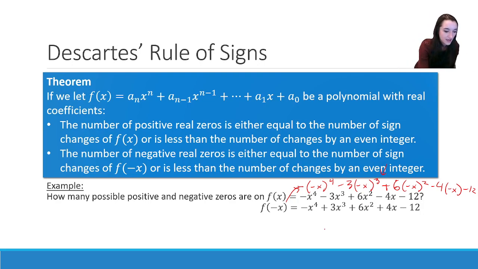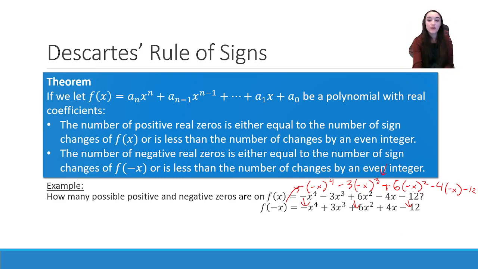So we get negative x to the fourth plus 3x cubed plus 6x squared, same sign for the x to the fourth, and same sign for our negative 12, of course. But we get a change in sign between our negative 3x cubed and our positive 3x cubed, and our negative 4x and our positive 4x.